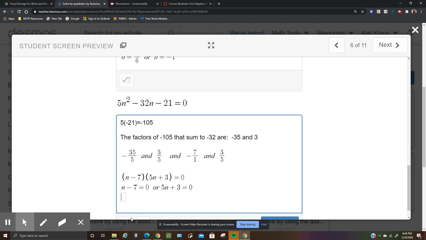So the two answers, I get n equals 7 or n equals negative 3/5. Notice that those are just the opposite of these two numbers here. So opposite of negative 7 is positive 7. Opposite of 3/5 is negative 3/5.